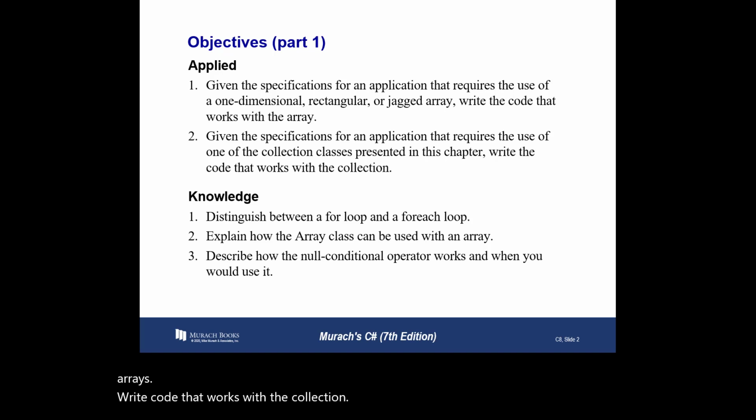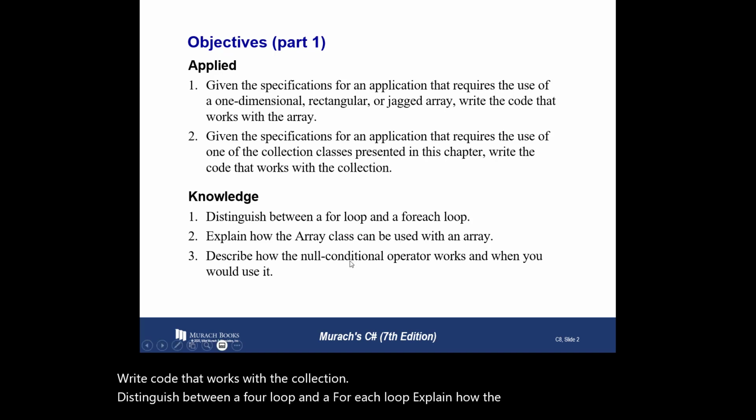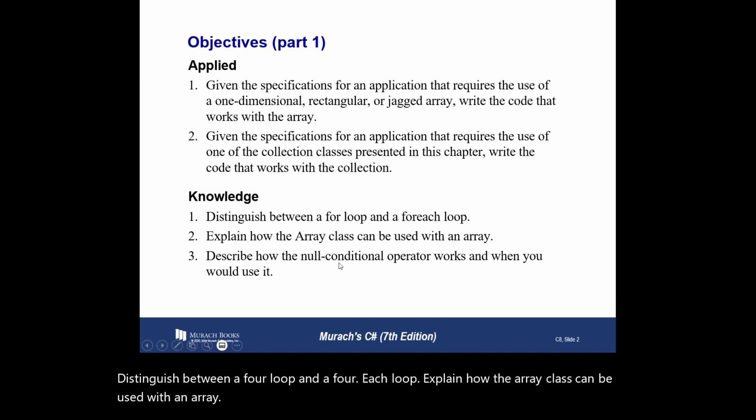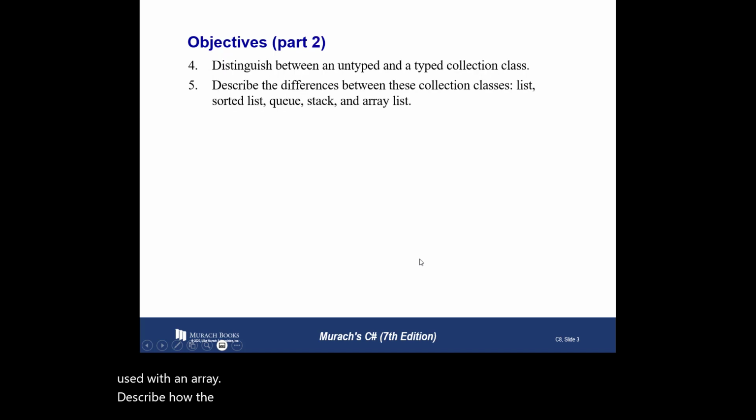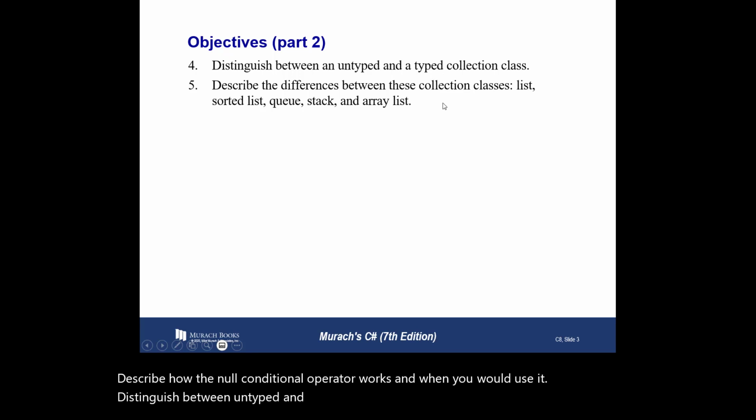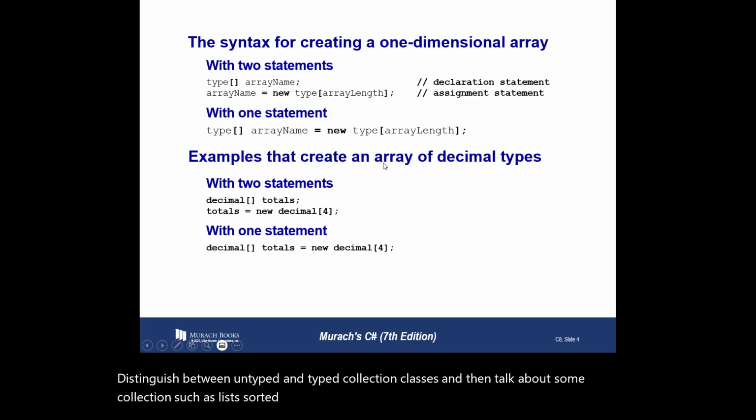We distinguish between a for loop and a for each loop, explain how the array class can be used with an array, describe how the null conditional operator works and when you would use it, and distinguish between untyped and typed collection classes. Then we talk about some collections such as lists, sorted lists, queues, stacks, and array lists.